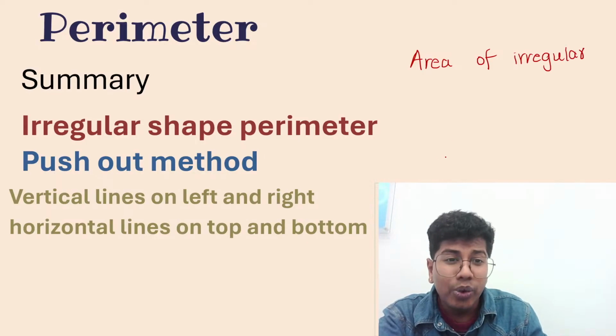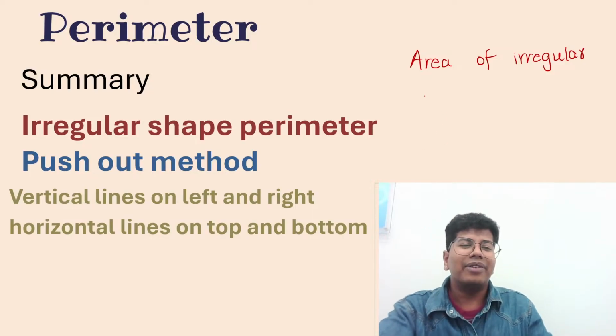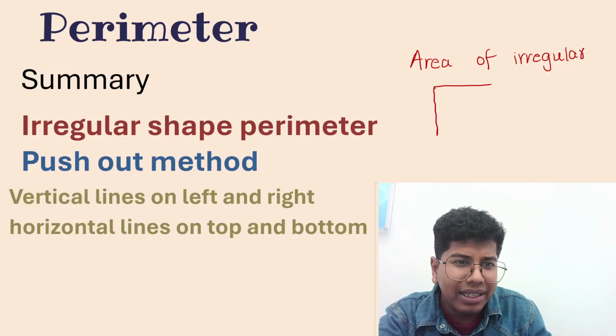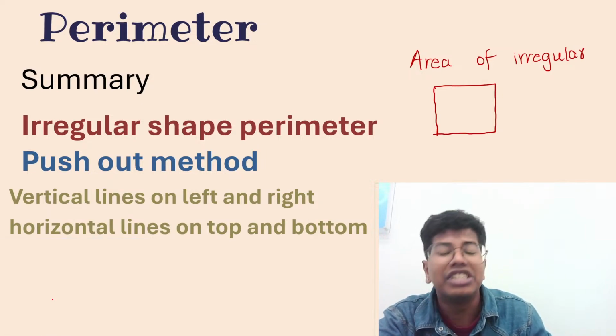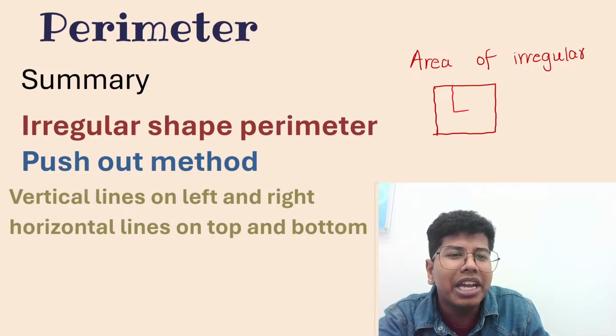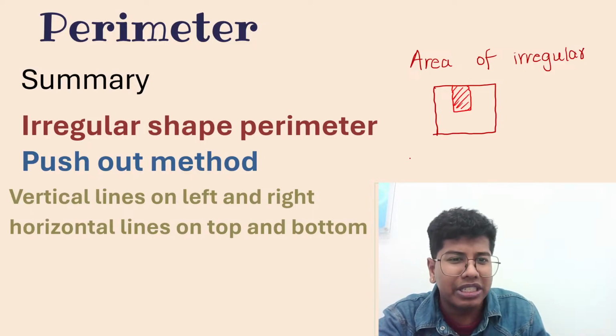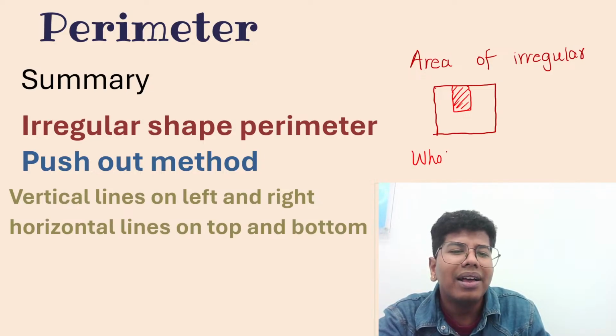So what we can do is, we can find out the total part, the whole. And then from the whole, if it's an irregular shape, we can remove the shape that we don't need. That is the part. So here the thought process is whole minus part.